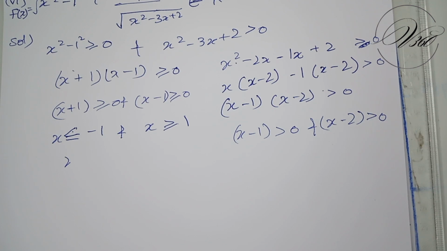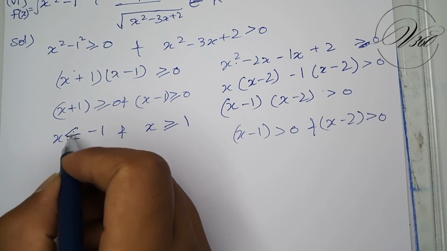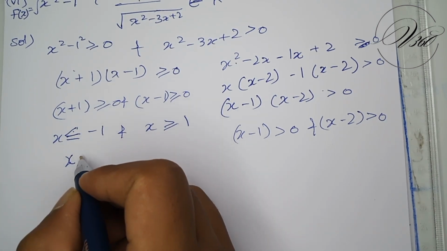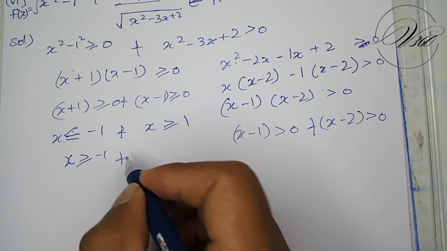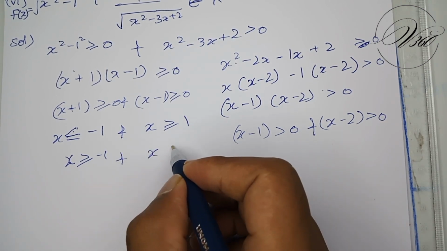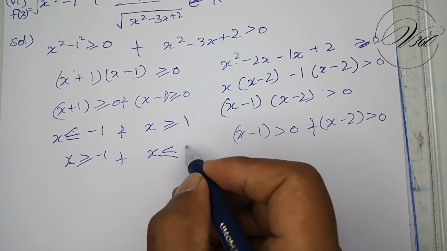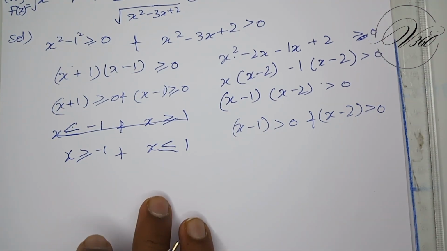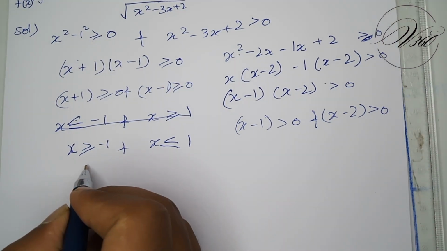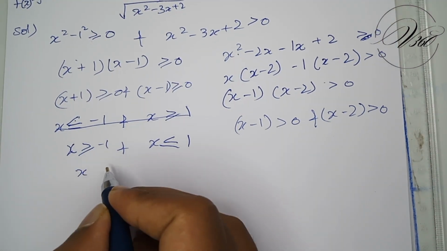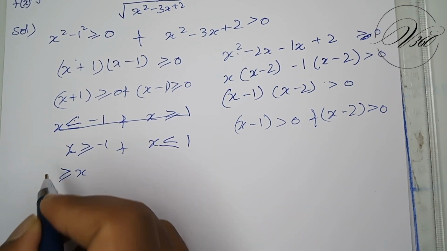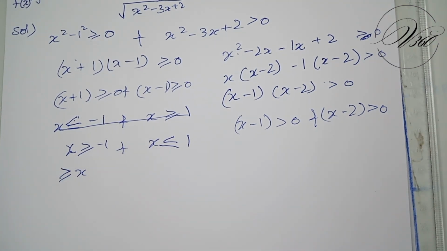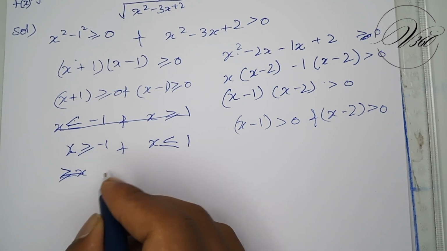Here I think I will get, like, this is wrong. Here I will get x greater than or equal to minus 1 and x smaller than or equal to 1. Okay, now the total answer will be x, okay, wait, I did it wrong here.